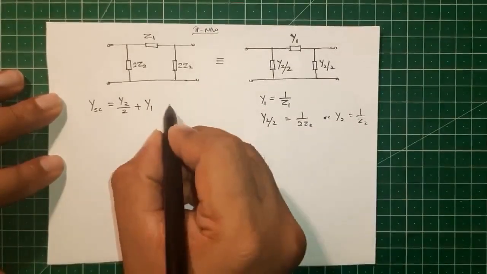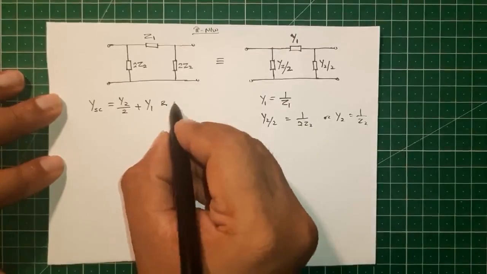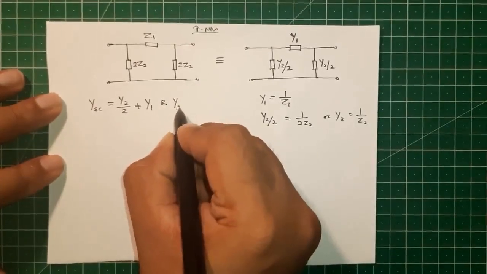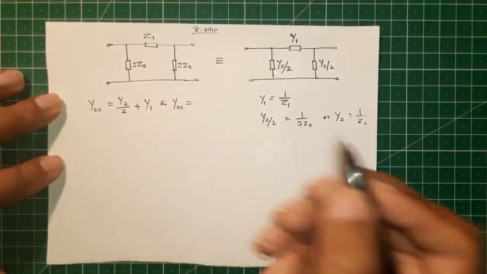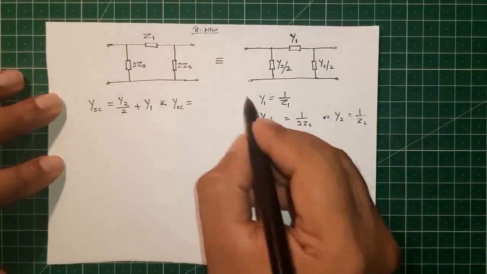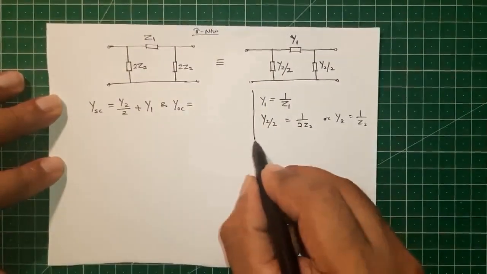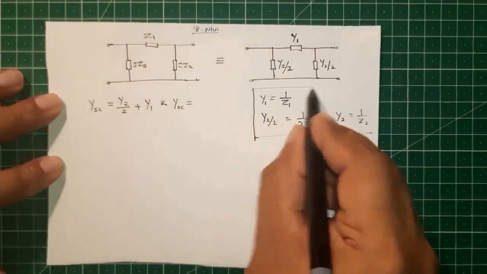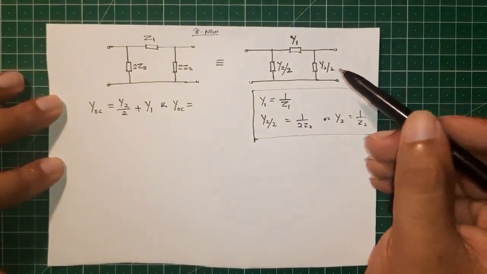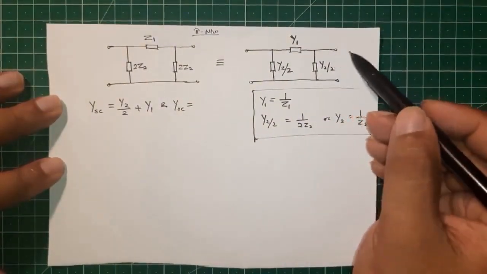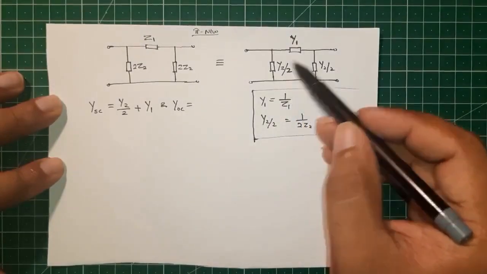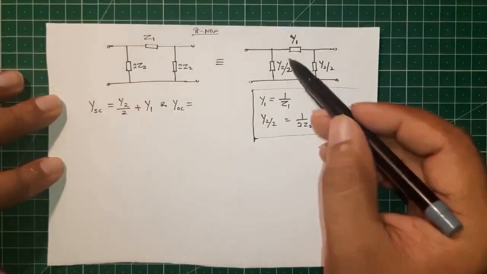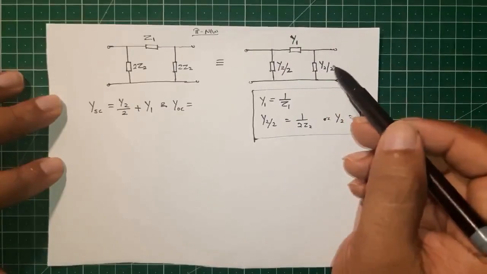And what about the open circuit admittance? So we are opening this terminal. We have this admittance in parallel with the series combination of these two admittances.